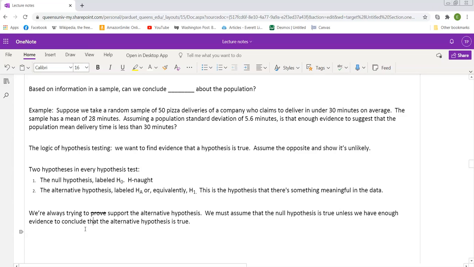We always have to leave ourselves some room for error, some room for doubt. So the question is not can we prove something is true, but can we conclude it? Is there enough evidence to support this conclusion? But we can't ever say anything unequivocally.